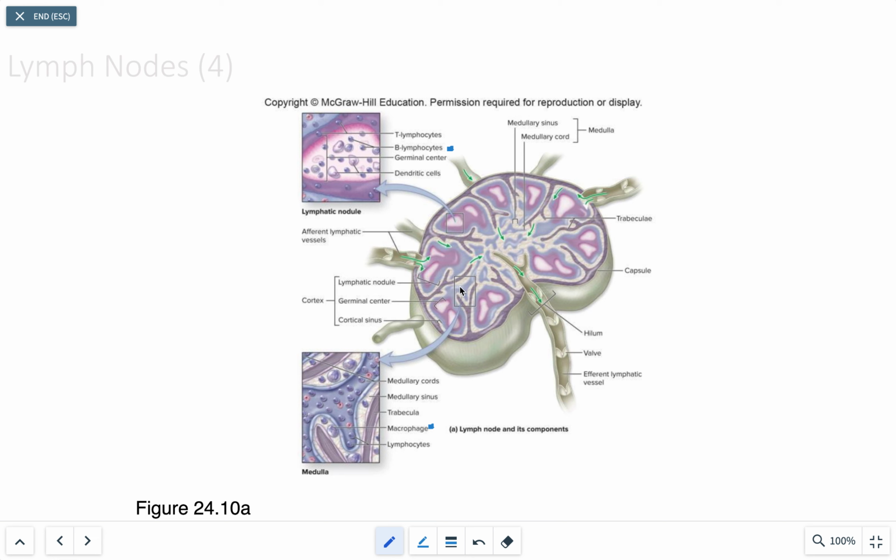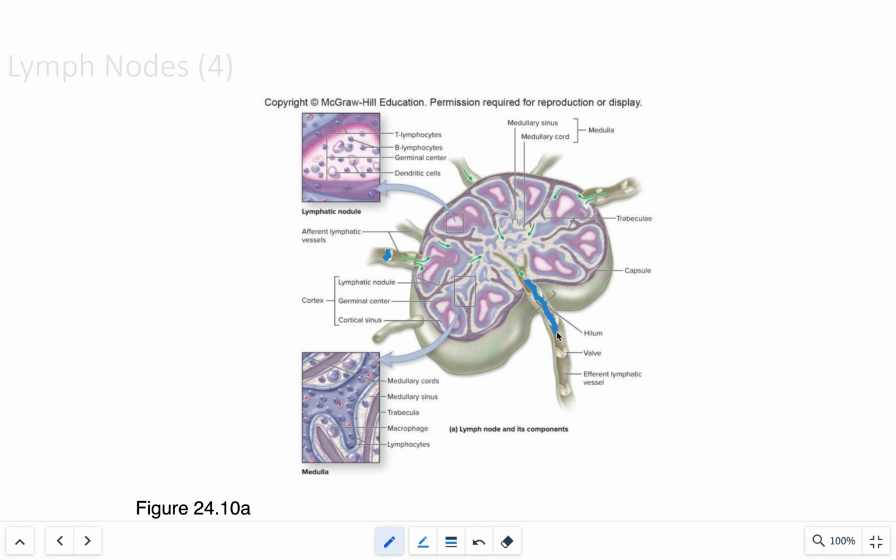So as the lymph is flowing through, as mentioned earlier, we have afferent pathways coming in. Inside of these afferent pathways, we have a series of valves. And once the lymph is filtered in, we're going to see it leave out through an efferent pathway.